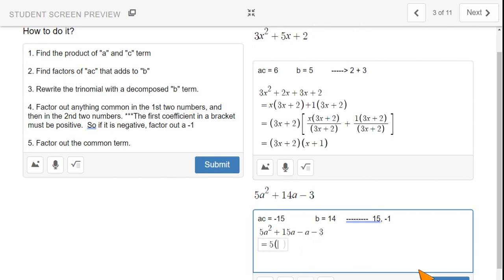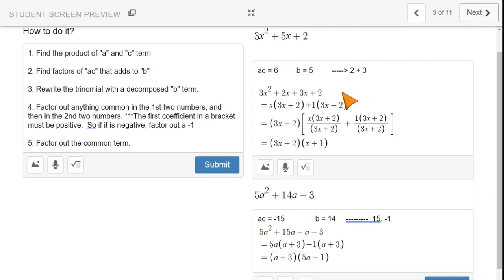Now let's do this. So I have 5a times a plus 3. And the second two numbers, it's not a positive, so I need to factor out a negative 1. Now my two brackets are the same, and I'm going to factor out my common term, a plus 3, and then what's remaining? 5a minus 1.